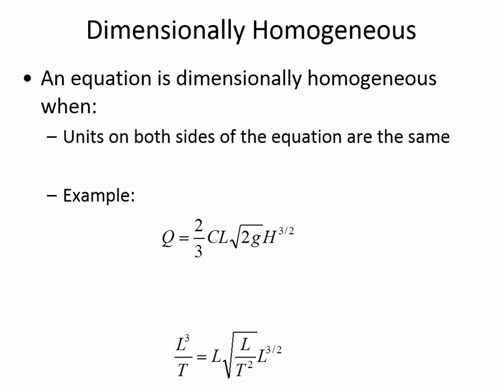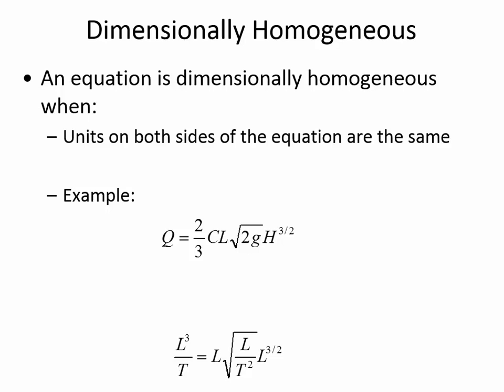In a place that doesn't have porous pavement, though, let's say you wanted to find out what the runoff is going to be. So this rational method says the flow rate coming out of a parking lot is related to some runoff coefficient C, the intensity of the rainfall, and the area of the watershed. And so let's look and see if the units are dimensionally homogeneous.